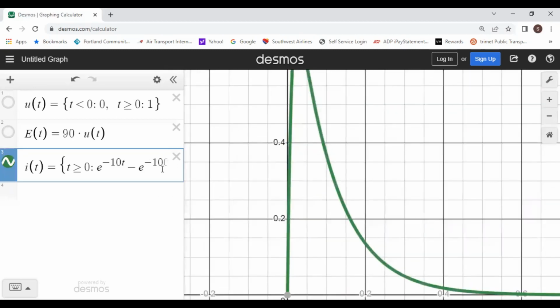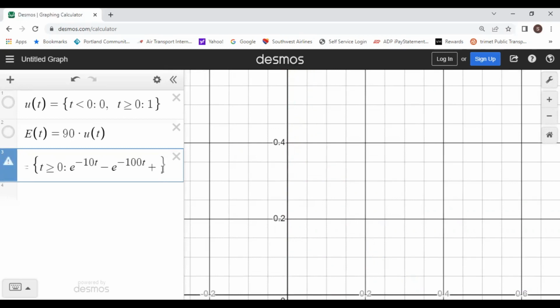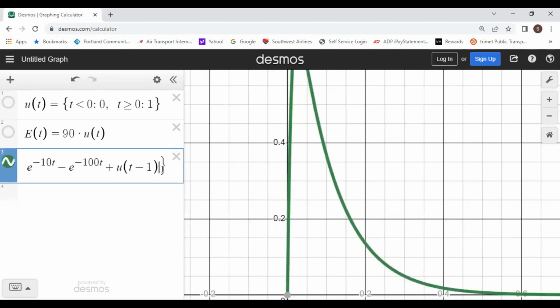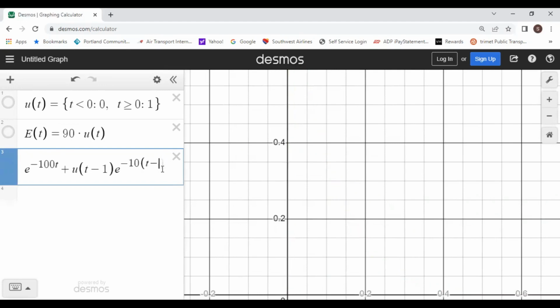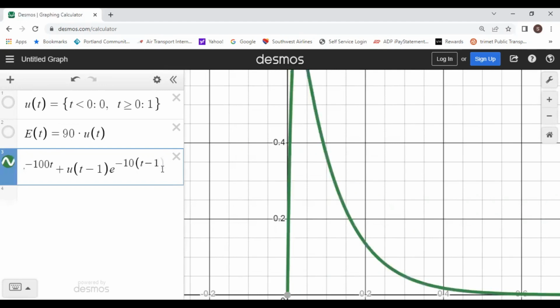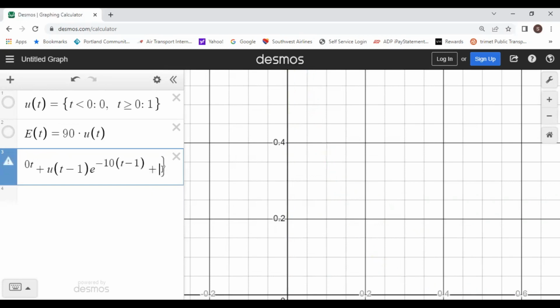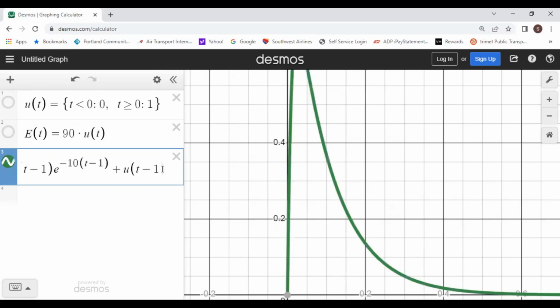All right. And then there's the same thing, but times the unit step function and negative. So U of t minus 1, e to the negative 10, now it's t minus 1. And then plus, and now it's U of t minus 1. Oh, sorry, now it's minus again.